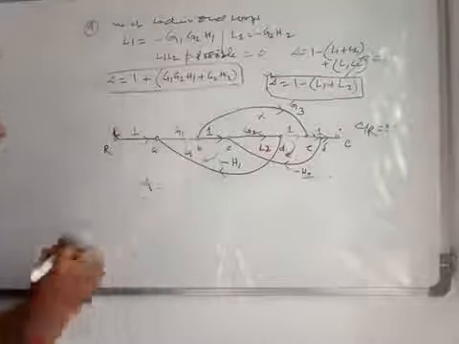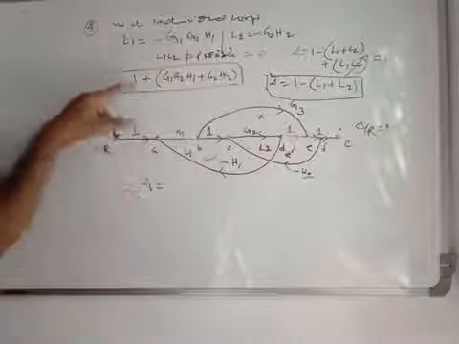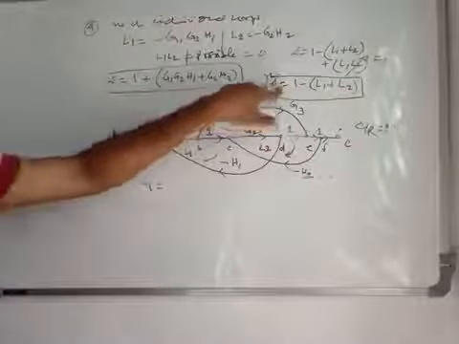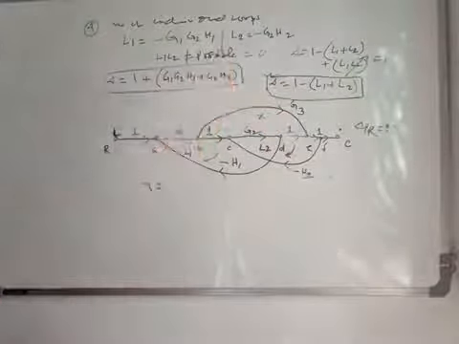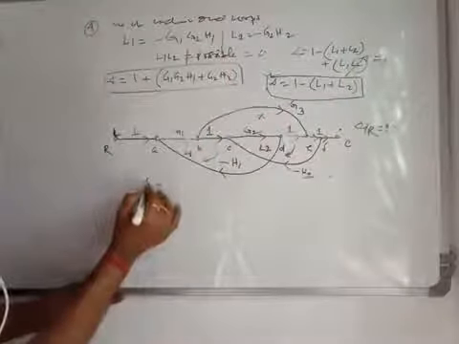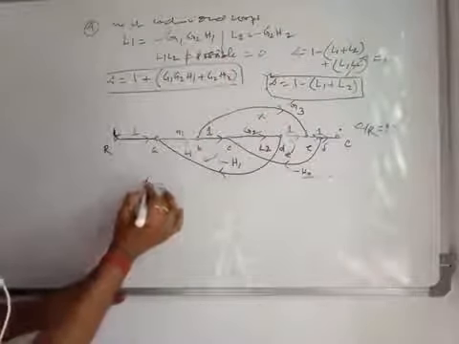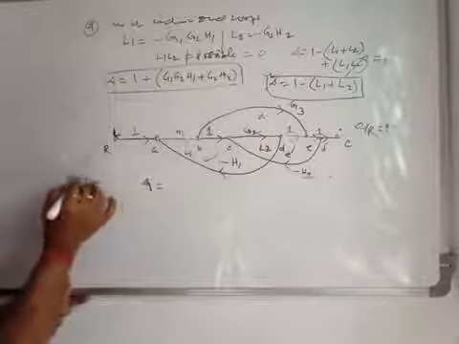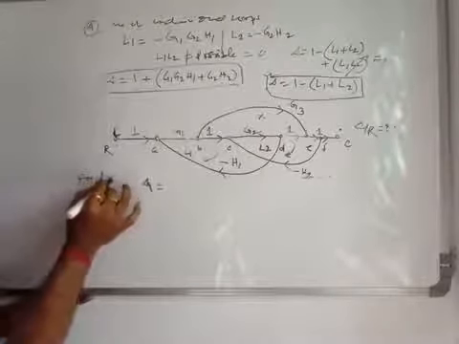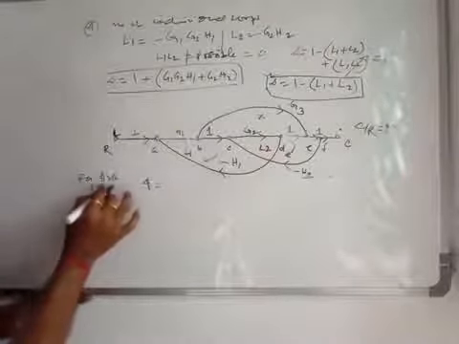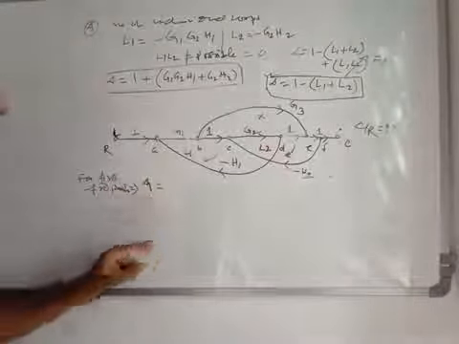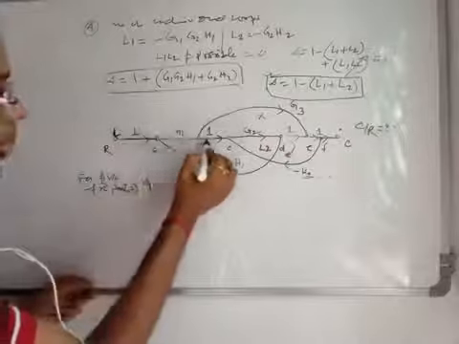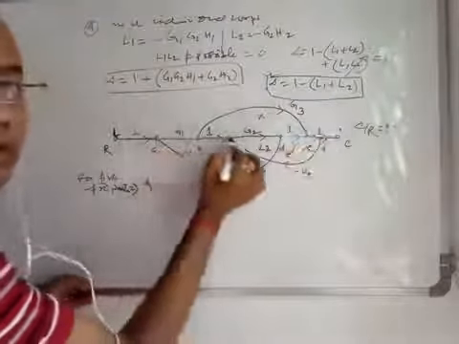Delta 1 is equal to that part of the delta which is not in touch with the first forward path, because we are considering delta 1 for the first forward path. For the first forward path you have to find out delta 1, and this is your first forward path.